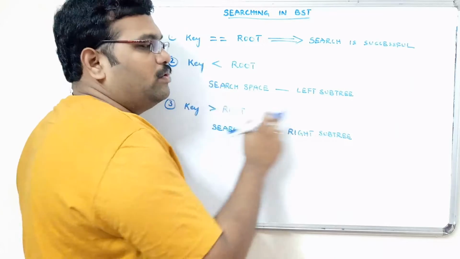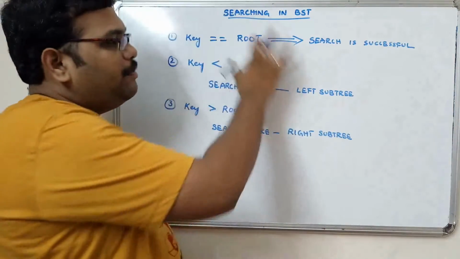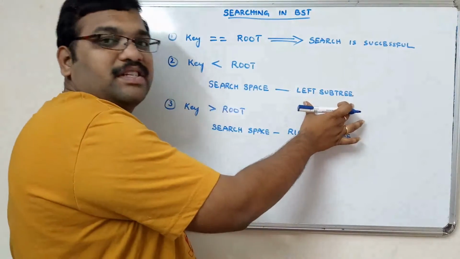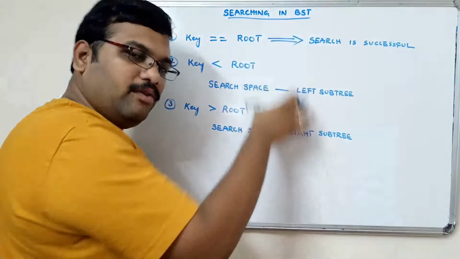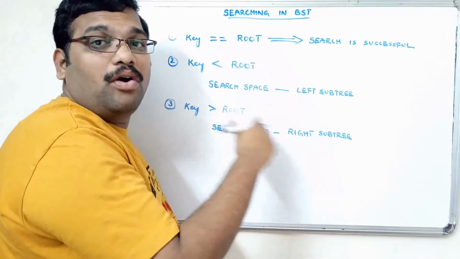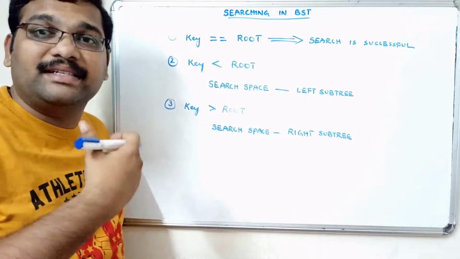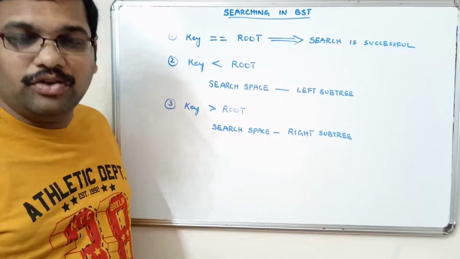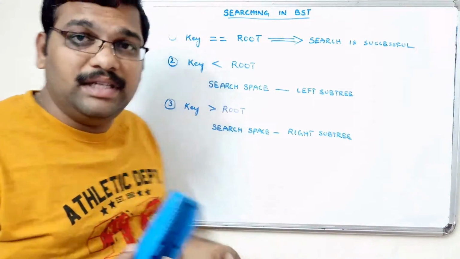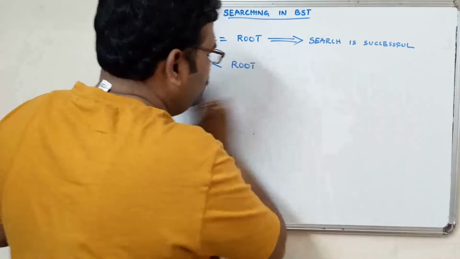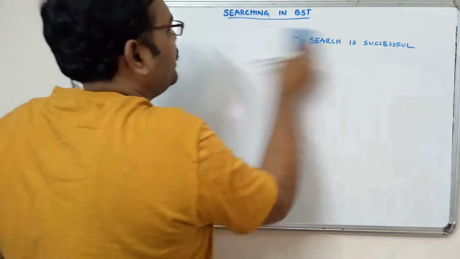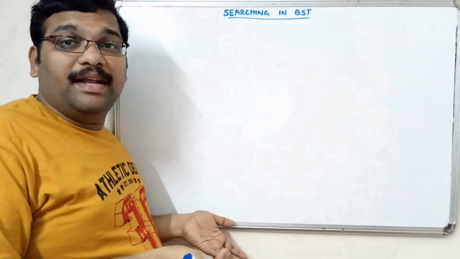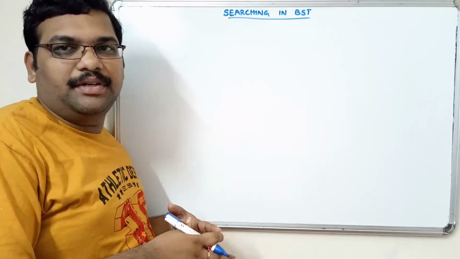And if key is less than root, we have to again call the same process, but now the search space will be in the left subtree, right? So again we follow the same process. It is a recursive call, all of these are implemented using recursion. By recursion we can apply this searching technique. Let us take an example and then we will see the logic. Very simple, only three conditions: is equal to, greater than, and less than. If all these three conditions fail, that implies the element is not found in the binary search tree.